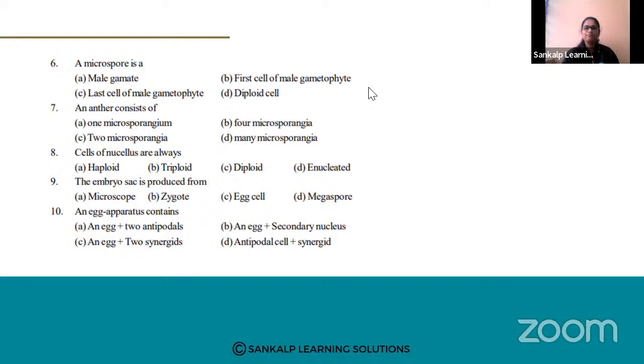Spandana, Pragati, Rishika, Amar, Puttalakshmi, Nandini, Kirtana, Nagaratna, Chandana, Suhas, Lavanya, Satish. Most of you voted for option C, that is an egg and 2 synergids. Very quick response and the right answer, guys. So option C is the right answer. 8th one option C, 9th one option D, 10th one option C.